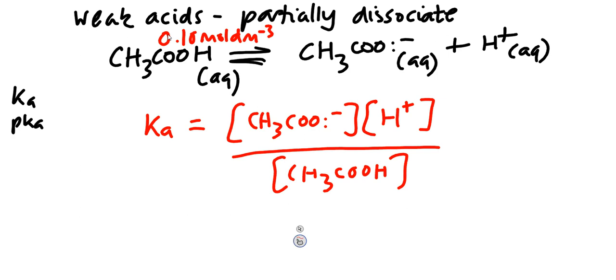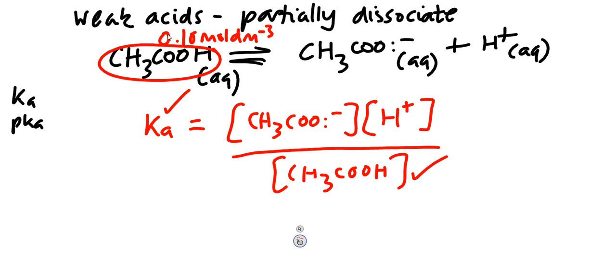So we can make an assumption that even when we have got some partial dissociation, the concentration of the weak acid remains unchanged. So if they tell you you've got a concentration of 0.10 moles per decimeter cubed of the weak acid, even though there has been some degree of dissociation, we're still going to use that value in the equation. So if we're given Ka and the concentration of the weak acid, how do we work out the concentration of hydrogen ions?